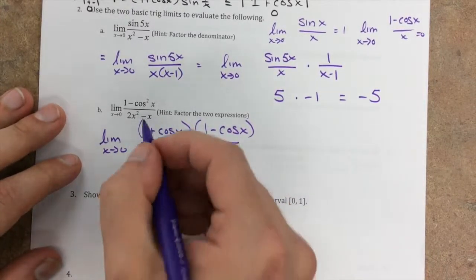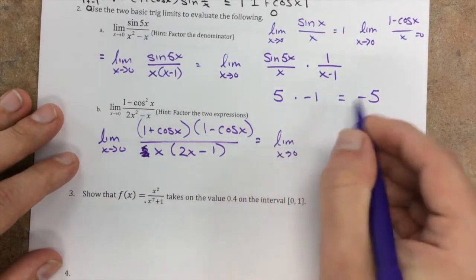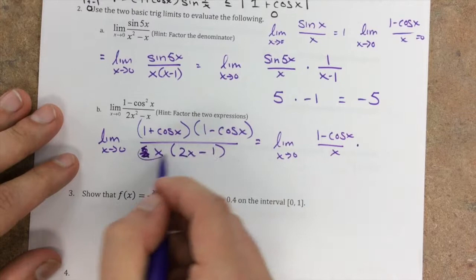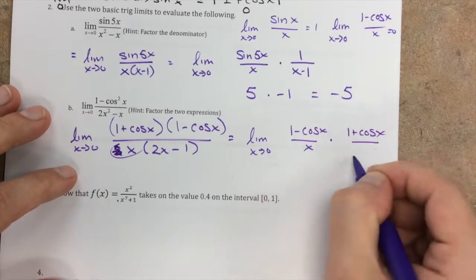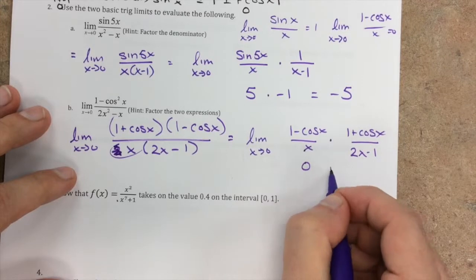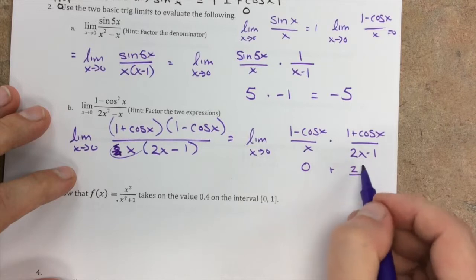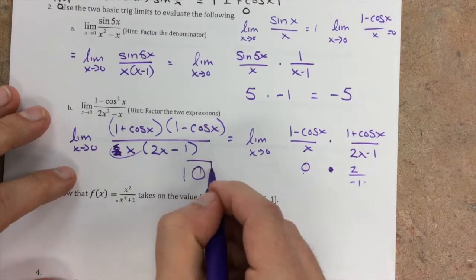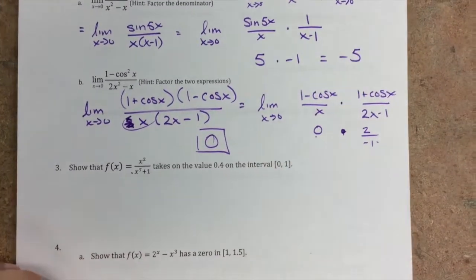Now, I'm going to rearrange a little and write this as the limit as x approaches 0 of 1 minus cosine x over x times, what's left, 1 plus cosine x over 2x minus 1. I know what this first part is. This is 0. And then if I plug in 0 here, I get 1 plus 1 over negative 1. So 0 times negative 2 is just 0. So that's using that cosine limit that we know.